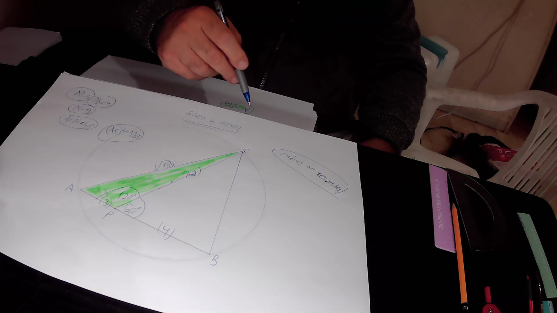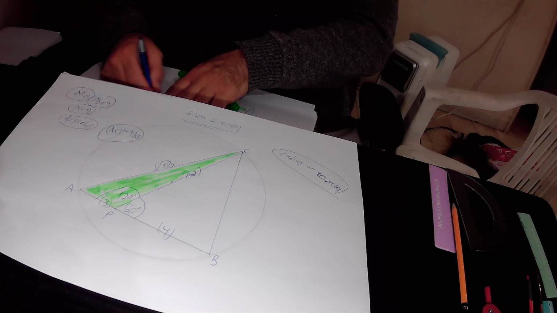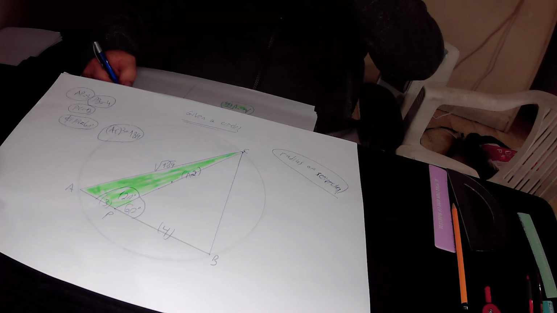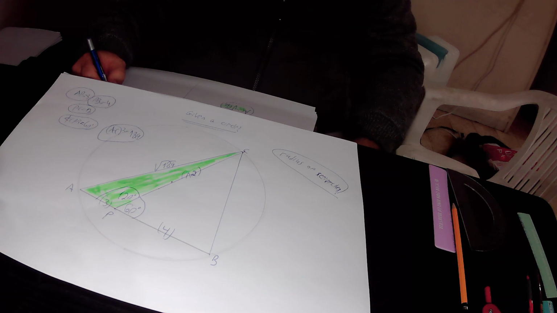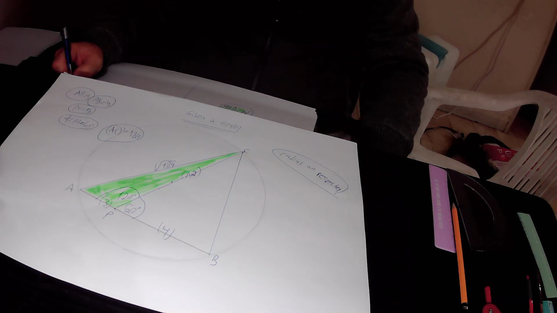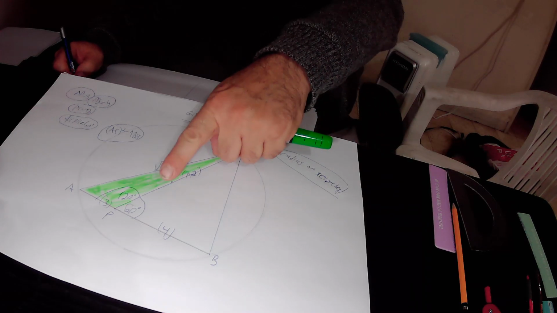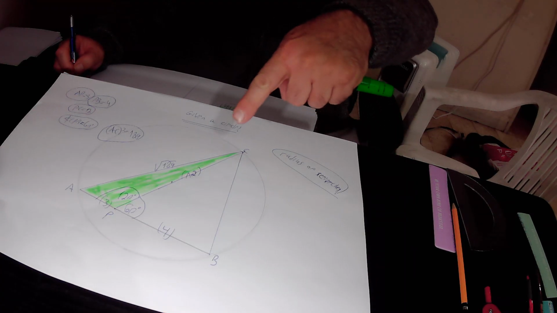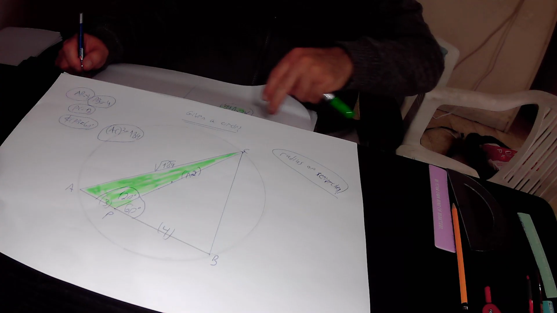So we have CB squared, according to the law of cosines, CB squared equals CP squared plus PB squared minus 2 times CP times PB times cosine 60 degrees.